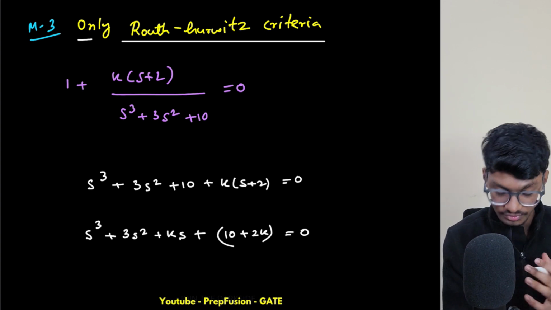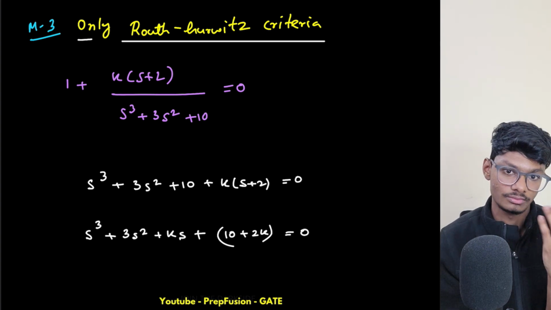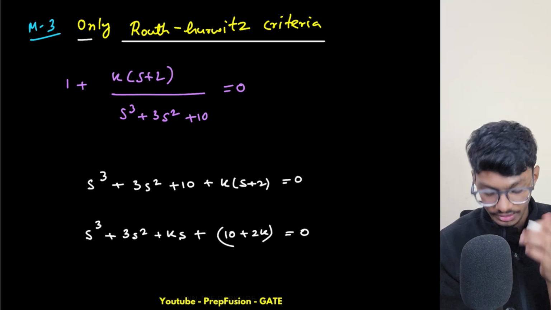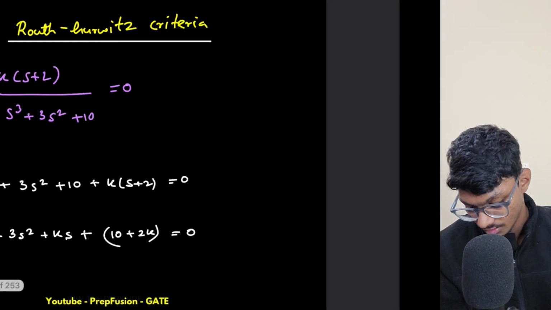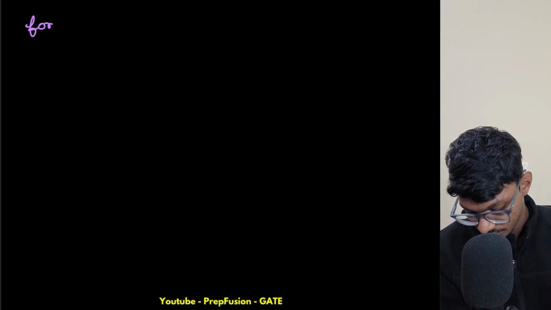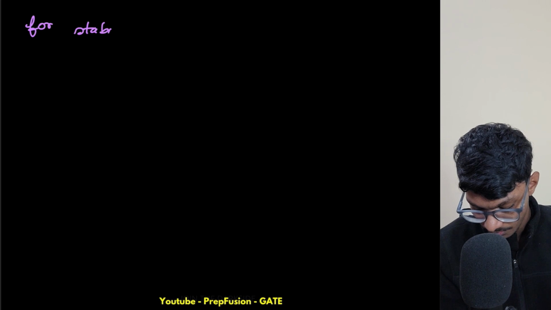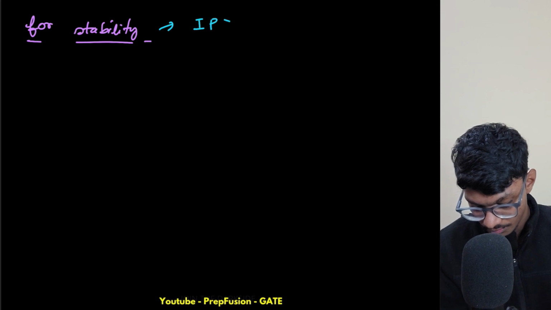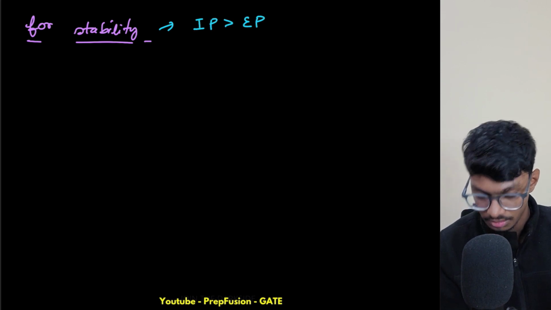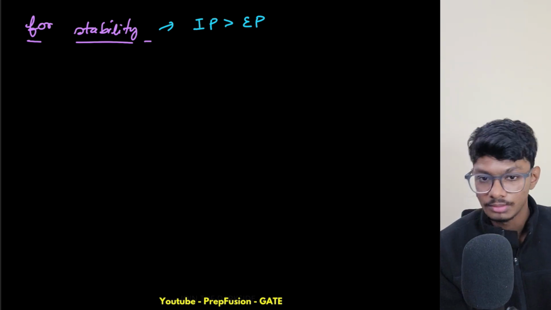So we can find the condition on the value of k for which the system will remain stable or unstable. That we can find with internal product and external product. For stability, my internal product should be greater than the external product.